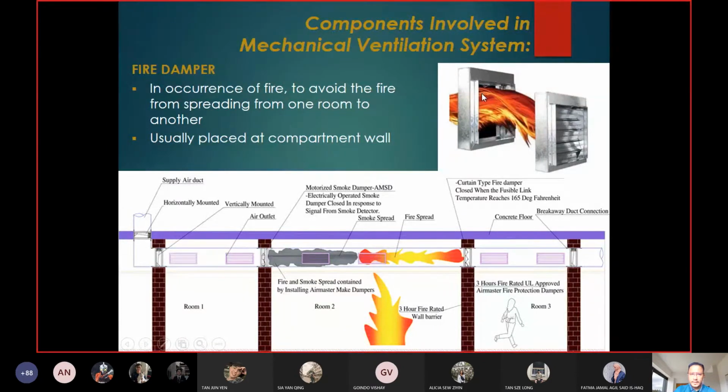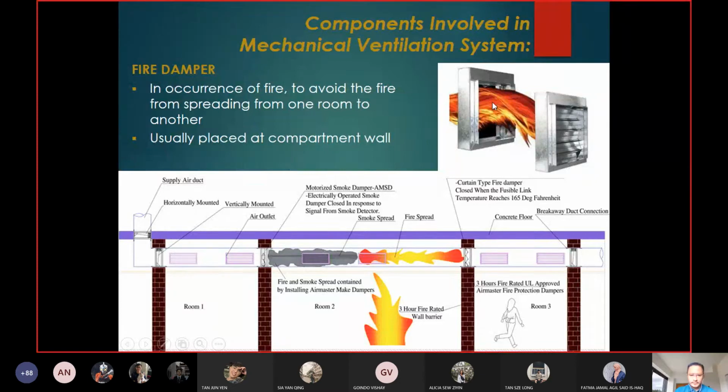So when it gets to a certain temperature, the fuse link would actually break, and then it would release the damper to close the ventilation opening like this. So it will stop the fire from spreading to the room next door.